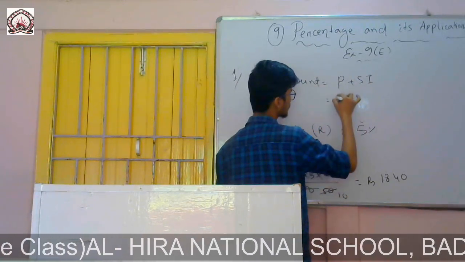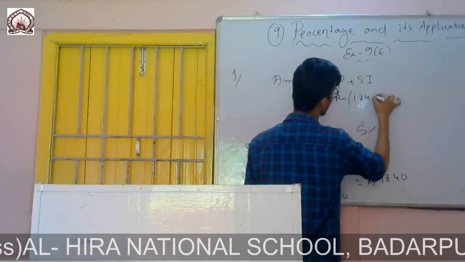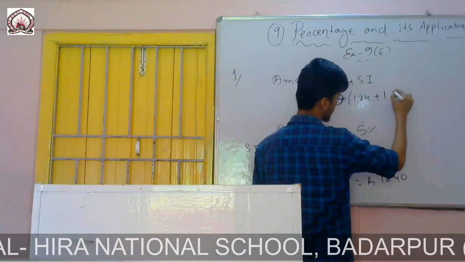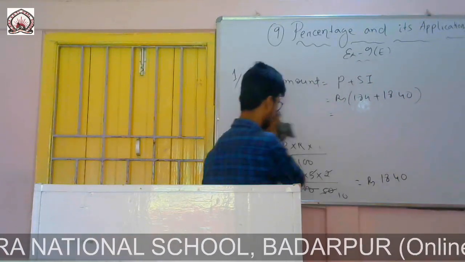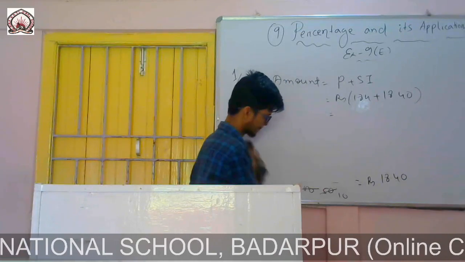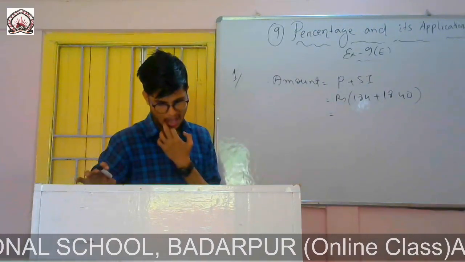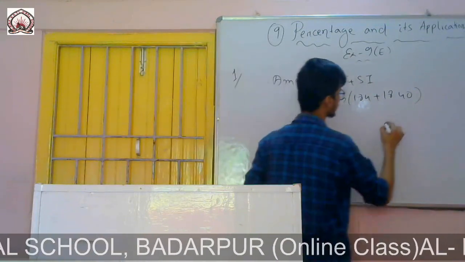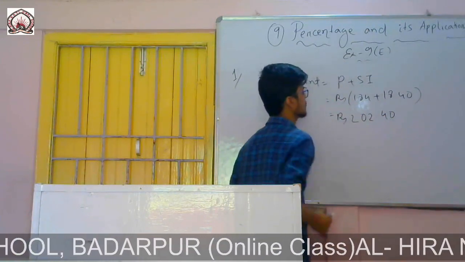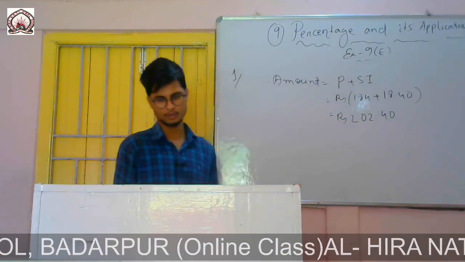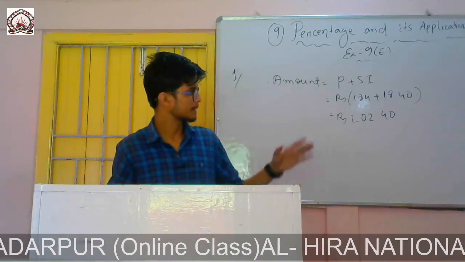Principal was rupees 184 and SI is 18.40. So rupees 202.40. This is the amount that the person will return.